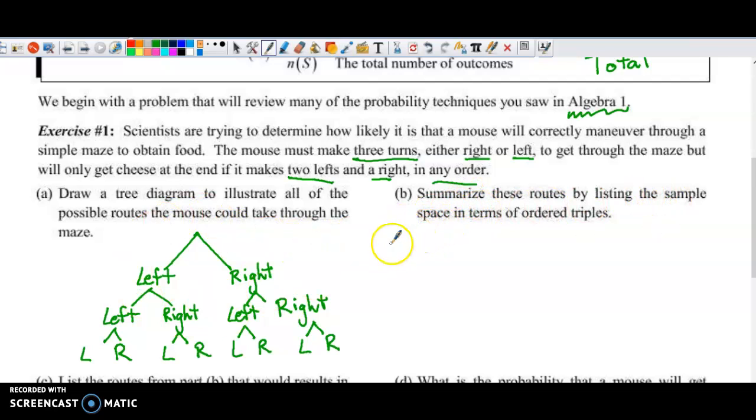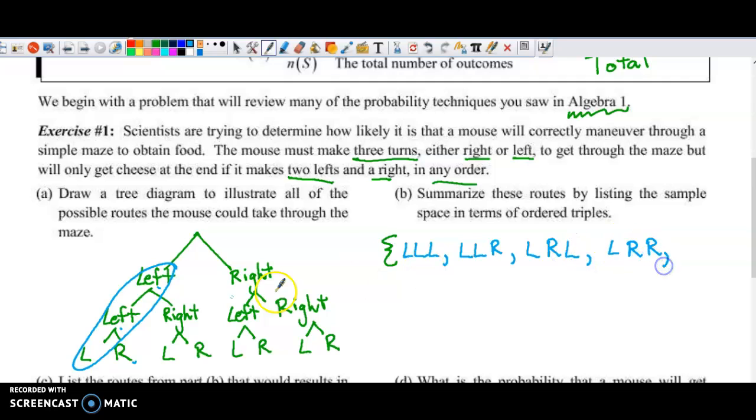Sometimes what we'll do is a sample space with our roster notation. So for each one of these, maybe I'll highlight one in blue, we go left, left, left, L, L, L, which would be different than going left, left, right, L, L, R, which would be different than going left, right, left, left, right, right.